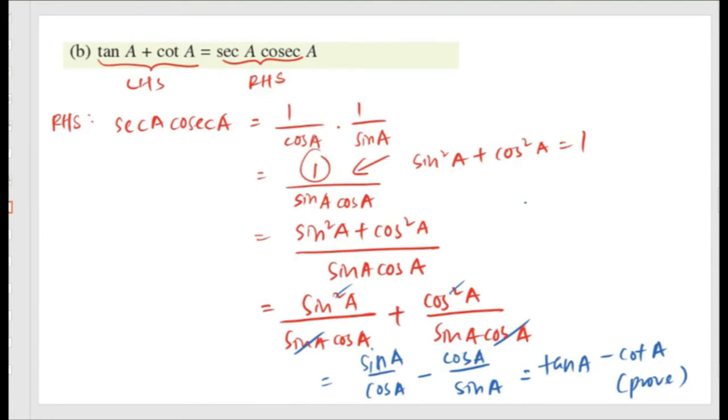But the second method is more complicated, so I do not recommend it. I don't recommend you prove from right hand side to left hand side, because for this question it's hard for you to visualize the condition, especially the 1. Changing 1 to sine square A plus cos square A will be a little bit hard for you to relate.